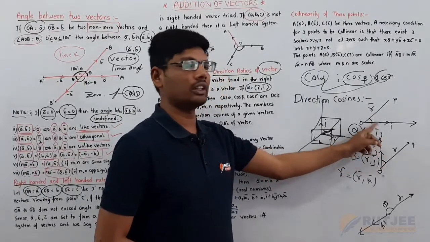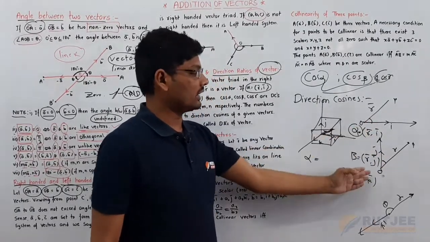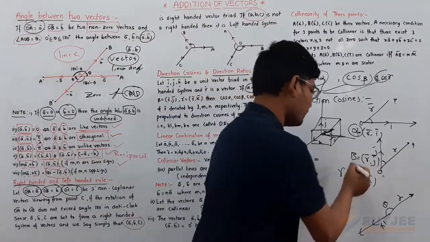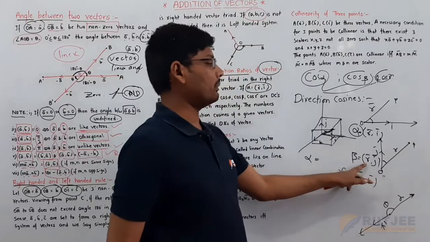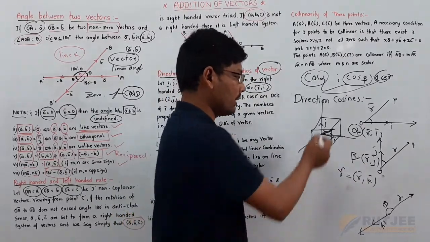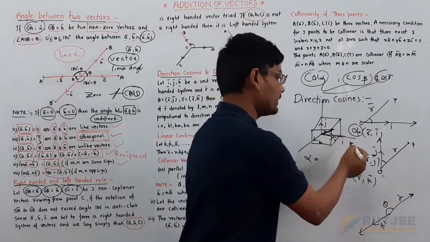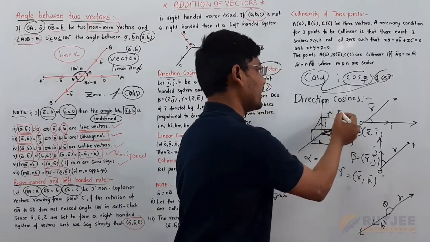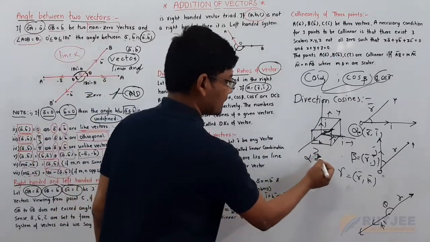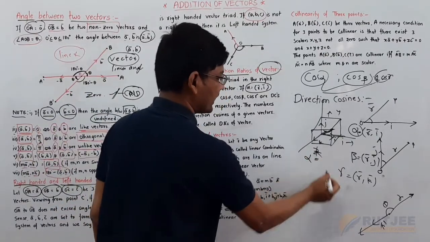Beta is the angle between r bar and j bar, and gamma is the angle between r bar and k bar. i is the direction of the x axis, j is the direction of the y axis, and k is the direction of the z axis.